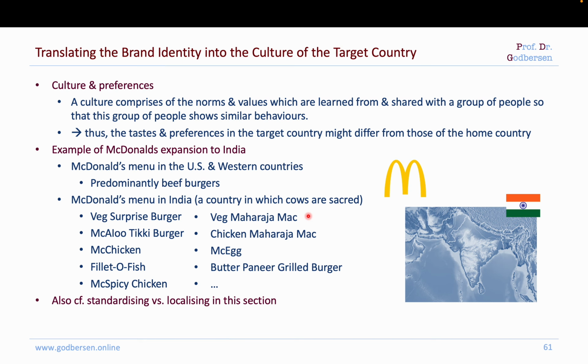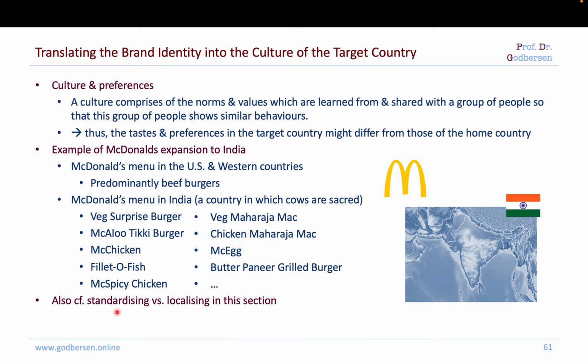So what McDonald's did was they brought their restaurants to India, still the fast food image, the American style, happy days, rather standardized. But they localized, adjusted their menu, and I believe this example makes very much clear that you have to localize.